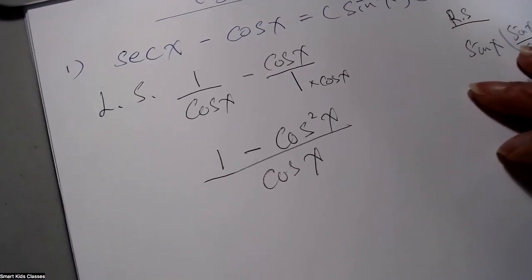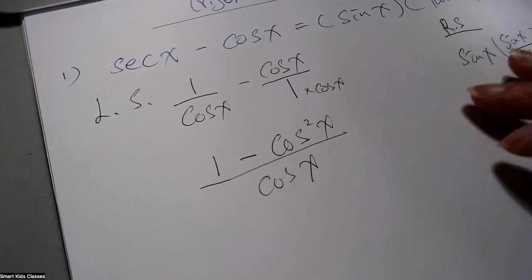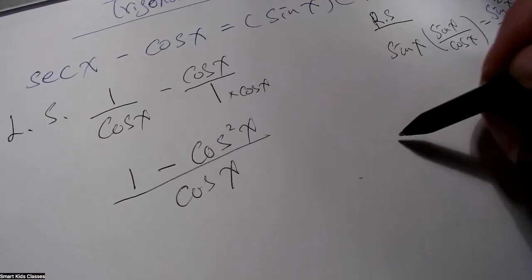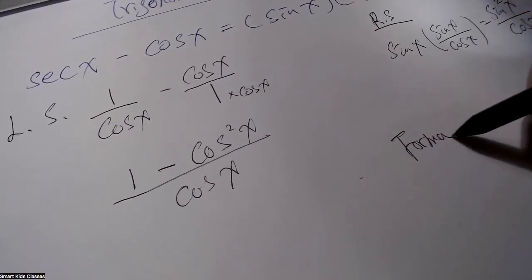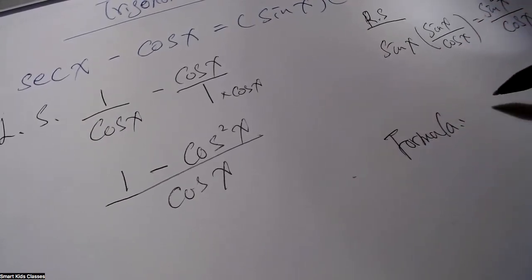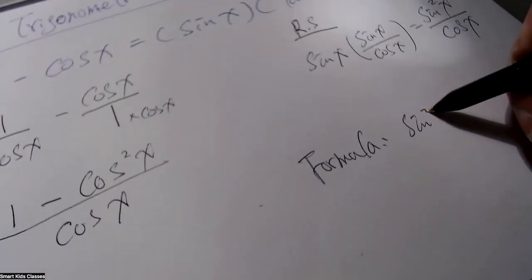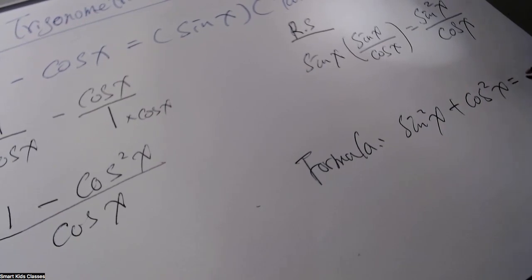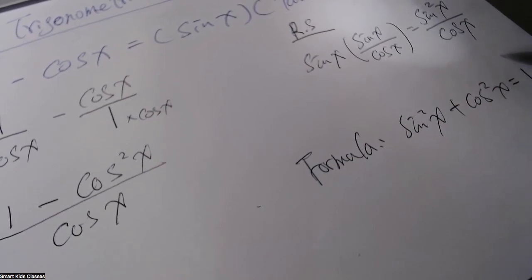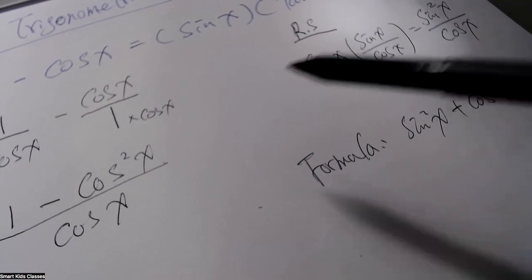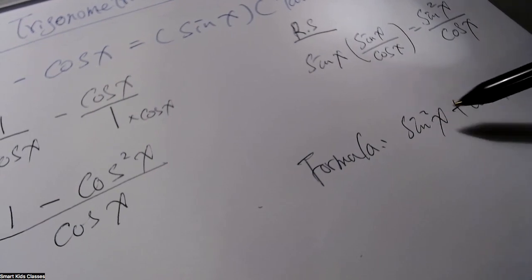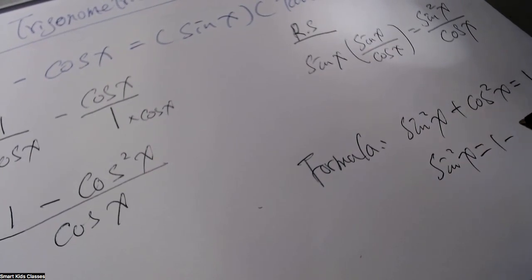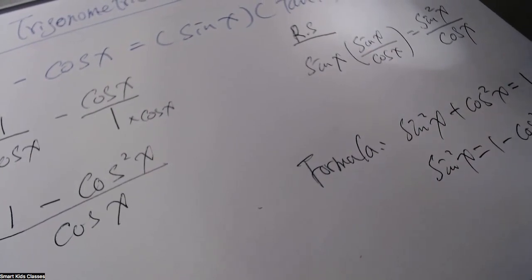Now from here, you know the Pythagorean identity, the formula. I'm going to write the formula here. Sine squared x plus cosine squared x is equal to 1. So sine squared x is equal to 1 minus cosine squared x.